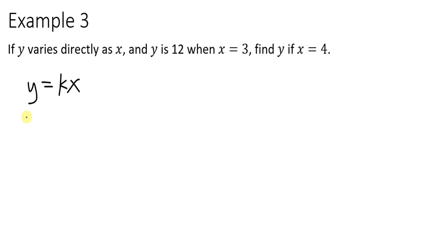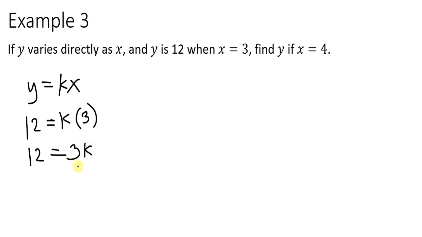So, ibig sabihin that is 12 is equal to k times yung x is 3. So, isa-substitute lang natin. So, hanapin natin yung value ng k. So, 12 is equal to 3 times k, so that is 3k.